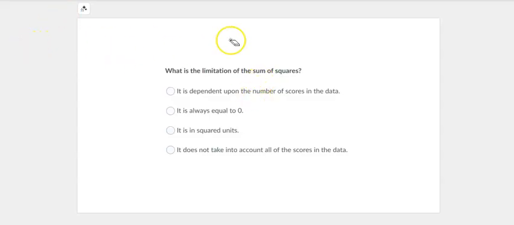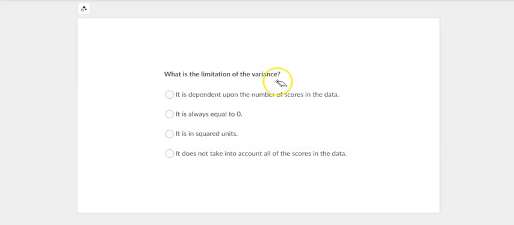So what is the limitation of this? It is dependent on the number of scores in the data, because you have to divide by n minus 1.